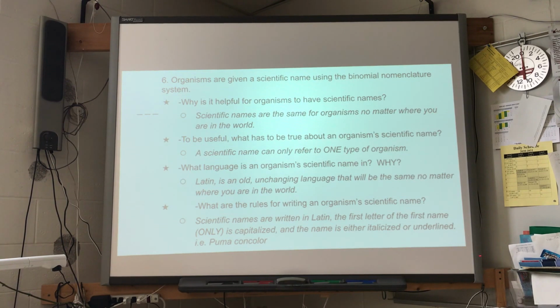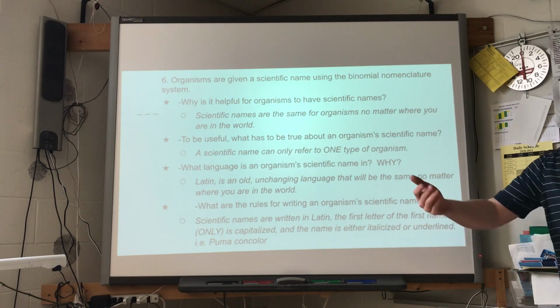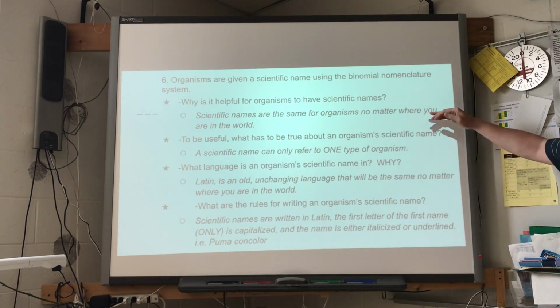That means they have a more recent common ancestor than, say, a cat. A wolf and a cat are not as closely related as a wolf and a dog. The scientific names are always the same, no matter where you are in the world.